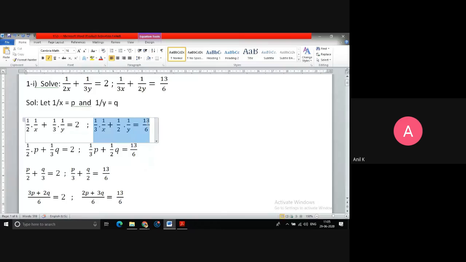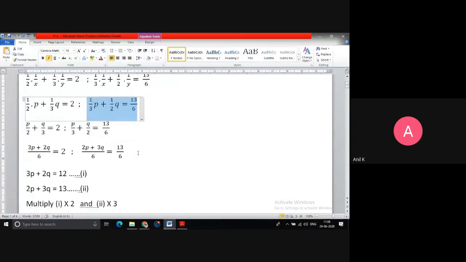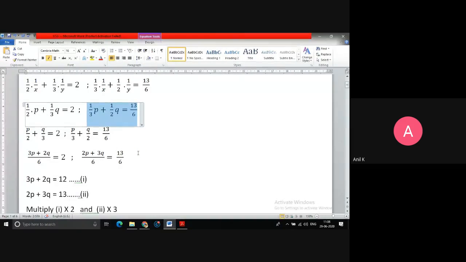Now similarly, this equation also I can rewrite by substituting 1 by x and 1 by y as p and q: 1 by 3 into p plus 1 by 2 into q equals to 13 by 6. So here we just replace 1 by x as p and 1 by y as q.